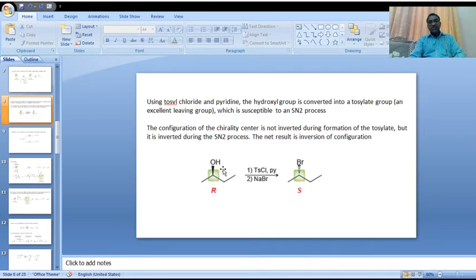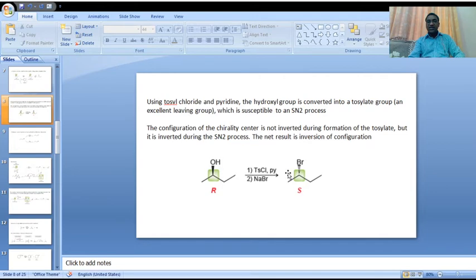The configuration of the chirality center is not inverted during the formation of tosylate, but it is inverted during the SN2 process. Here, the starting compound reacting with tosyl chloride and pyridine undergoes no change; it is not inverted in the formation of tosylate.